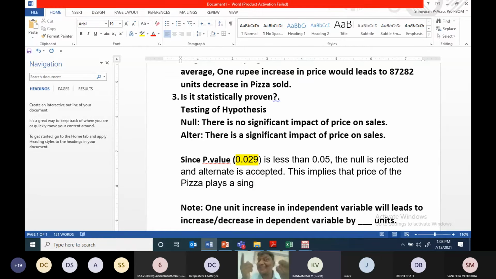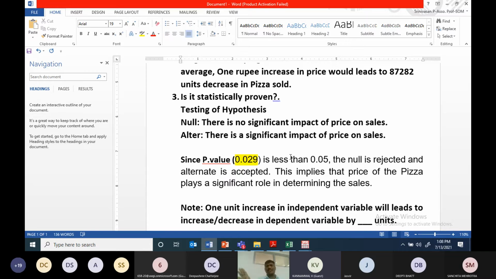Now I am using the term significant role in sale of pizzas. I have just written one or two sentences. You can develop it. Some people will write one page also. Fine, this is the interpretation for the simple regression model.